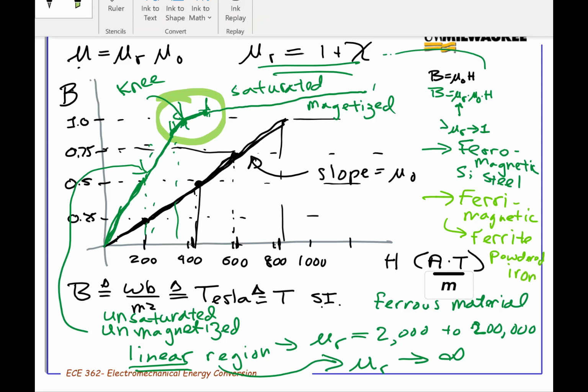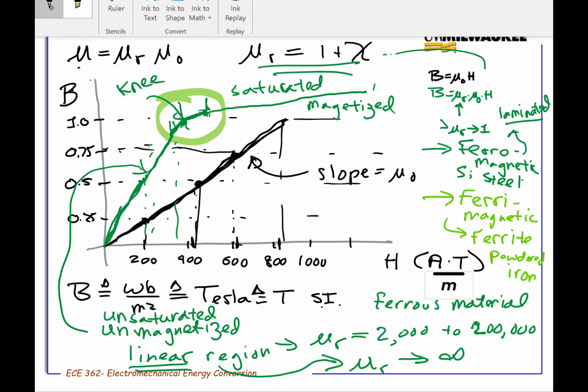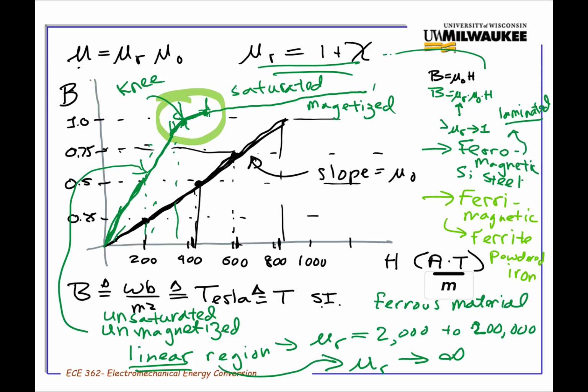And the ferromagnetic material is typically, not in all cases, there are some things that are somewhere in between, a laminated steel. We'll go into why you have this with these materials. But the ferrimagnetic curve would look more like this.